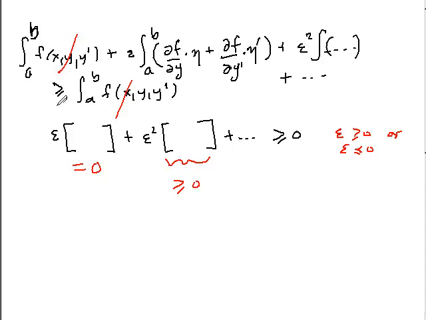So the only way this inequality can hold true is if the linear term vanishes. So that's the classic result that the first variation of the integral vanishes. So this term right here is called the first variation. That equals 0. The second term is called the second variation, and that must be positive definite.